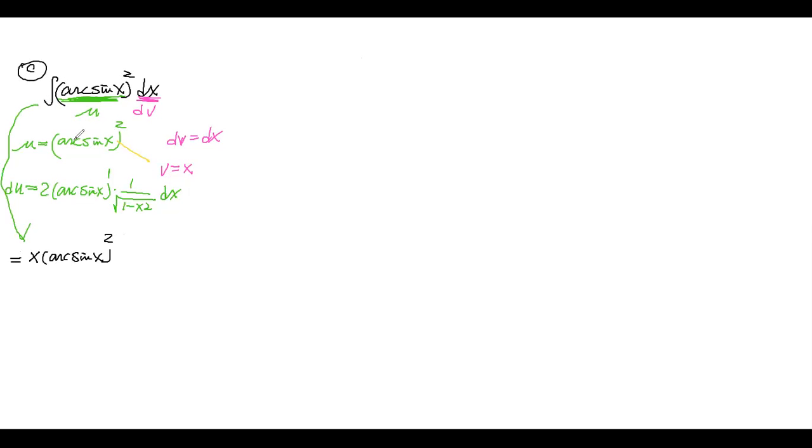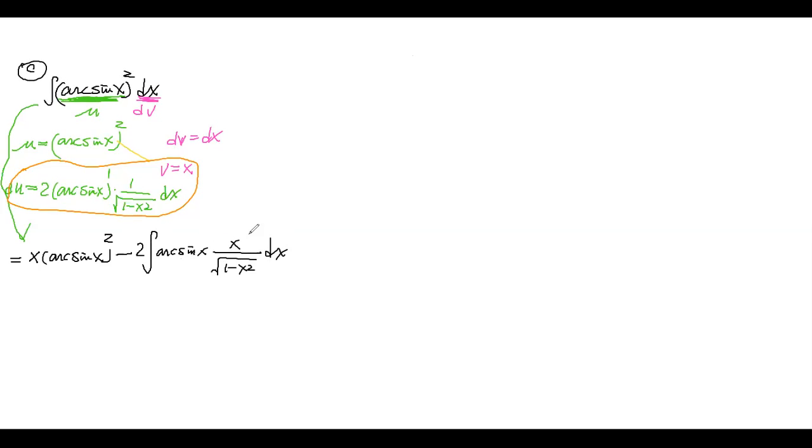So uv minus the integral of v du, as always, as we did in the previous two. Okay, so minus v du, this 2 is a constant, so move the 2 out. v du, this is arc sine x. All right, so then I have v, so x, over square root of 1 minus x squared dx here.